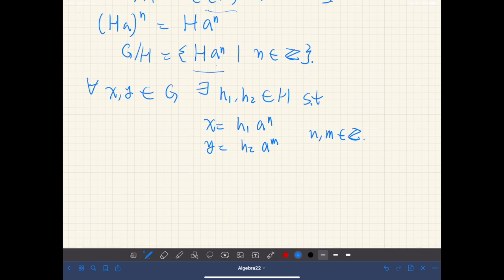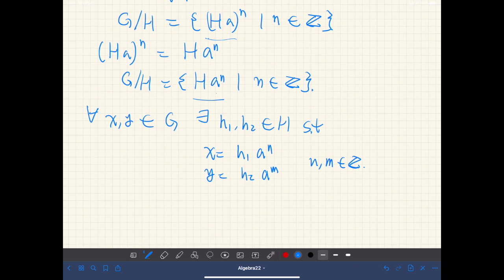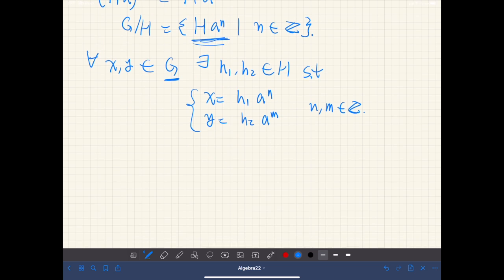Because of the coset decomposition, all the elements of G are partitioned into one of the cosets of this form. So that's why we can express it this way.